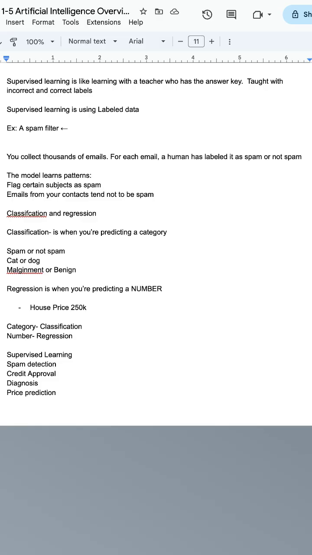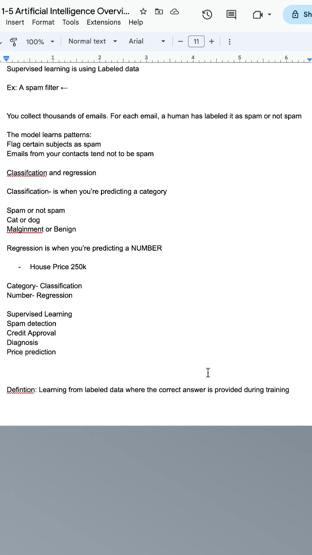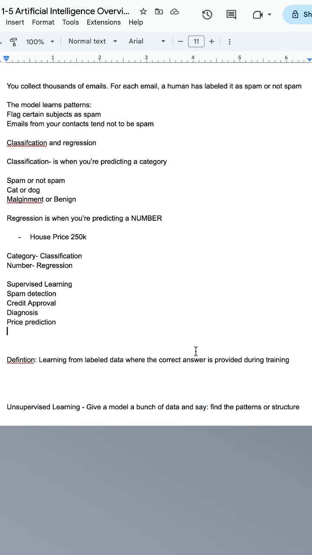In all of these cases, the data includes the correct answer. That's the hallmark of supervised learning: labeled data.